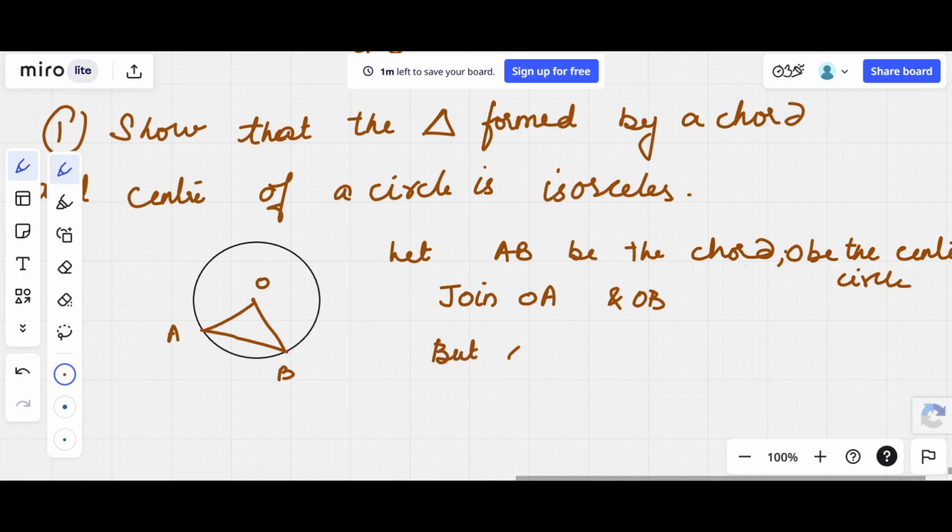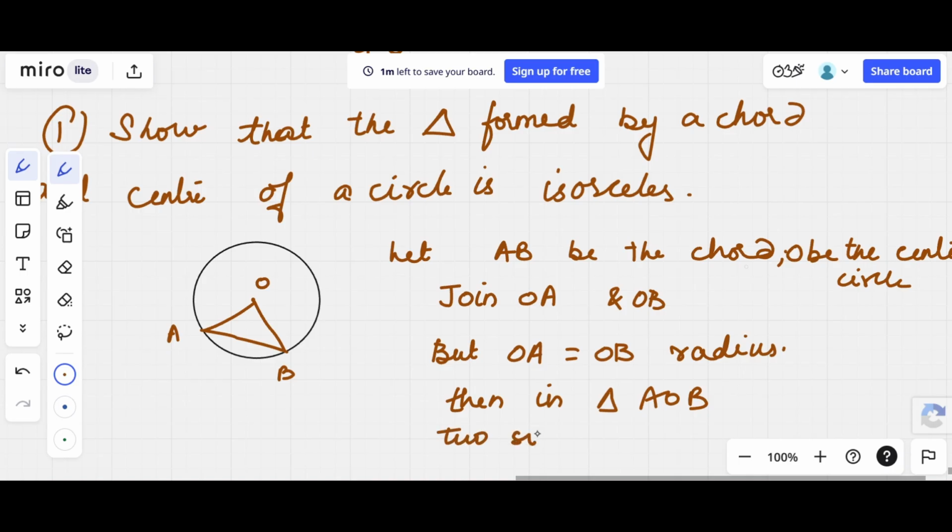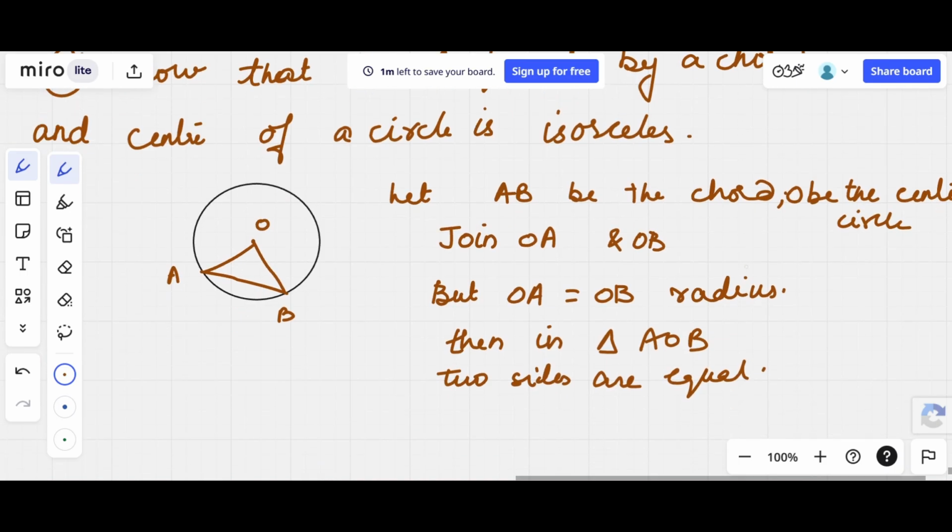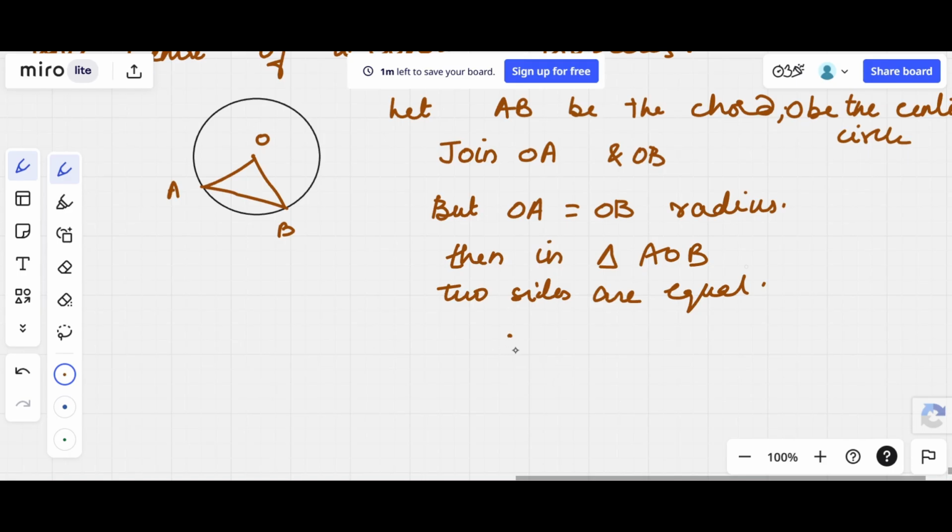But AO is equal to OB, radius. So if AO and OB are joined, we get a triangle. Then in triangle AOB, two sides are equal, and hence it is an isosceles triangle. You'll have to write the statement. Therefore, triangle AOB is isosceles. Okay, fine.